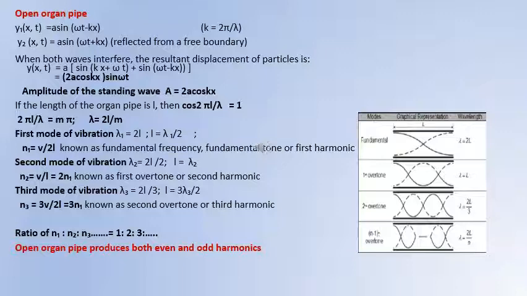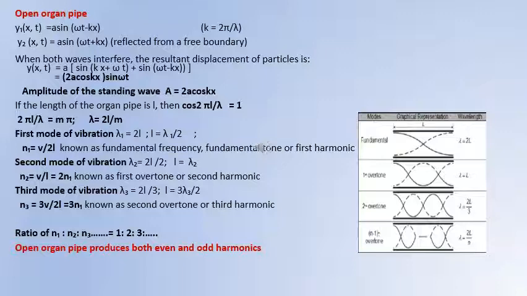For the second mode of vibration, substituting the value of m as 2, we get lambda 2 as L, and the frequency is v upon L, that is 2 times the fundamental frequency. This is known as first overtone or the second harmonic.